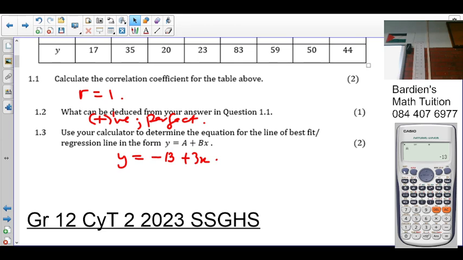Press shift 1, 5 for regression, 2 for b. The answer is 3. So that's your equation of your least squares regression line.